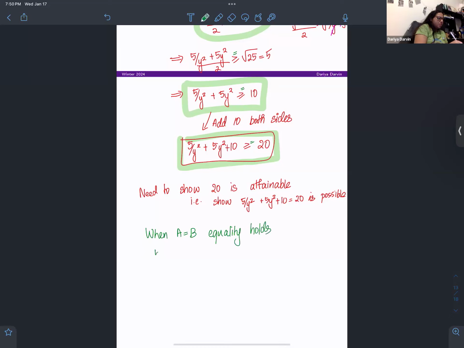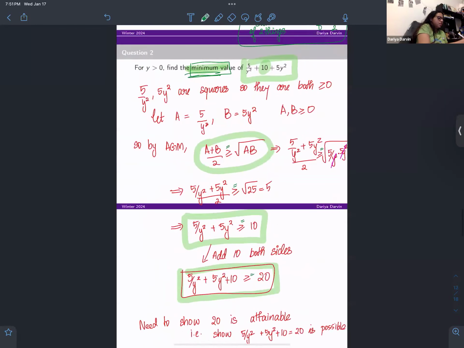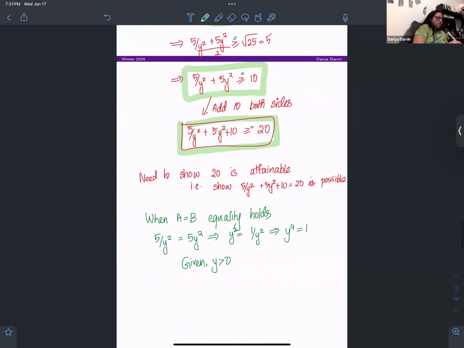So let's try. That means 5 by y square equals 5y square. This means y square equals 1 by y square. y power 4 equals 1. Given y is positive, I don't know if you guys noticed, that was given to us in the question. So this means y equals 1.